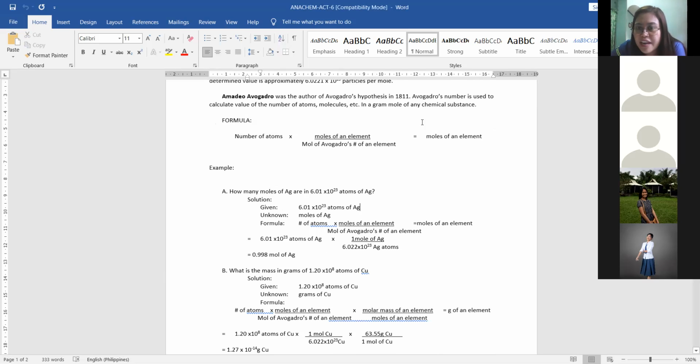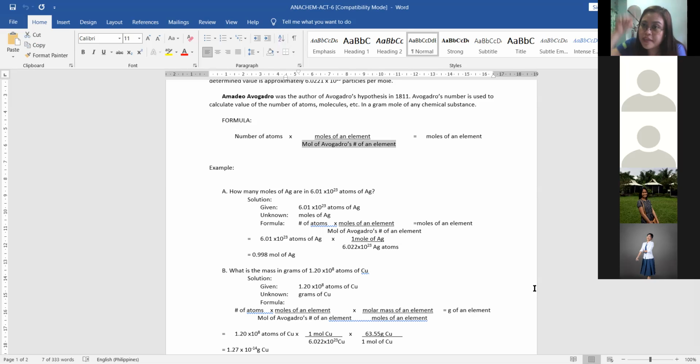Moles of an element is equal to the given number of atoms multiplied by 1 mole over Avogadro's number. In one mole of an element there is Avogadro's number, which is 6.022 times 10 raised to the power of 23.